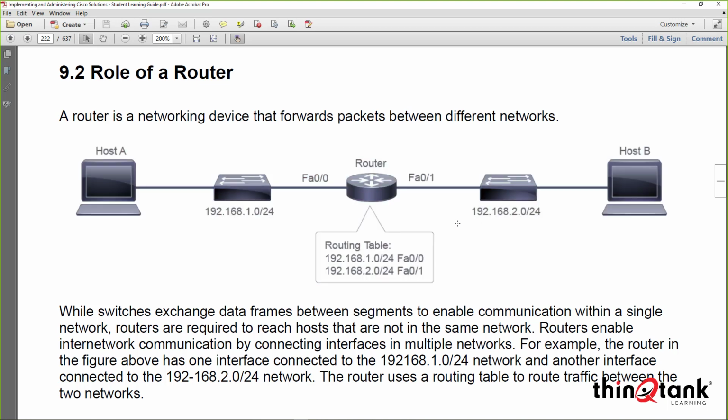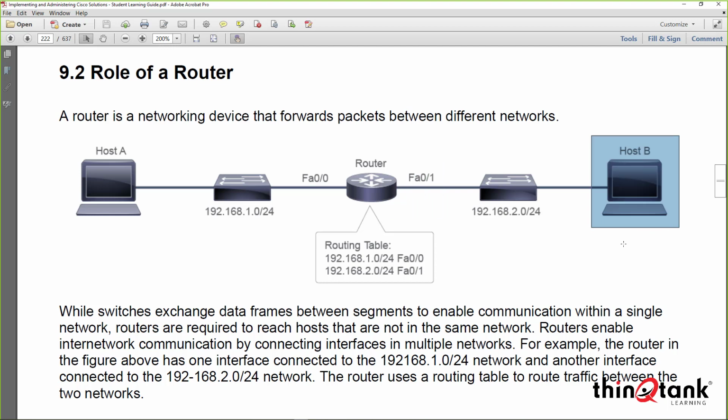What is the source MAC address of that frame going to be as it leaves the router? It's going to be the interface of the router. This fast Ethernet interface has a MAC address. That becomes the source MAC address of the frame. The destination MAC address would be the host.